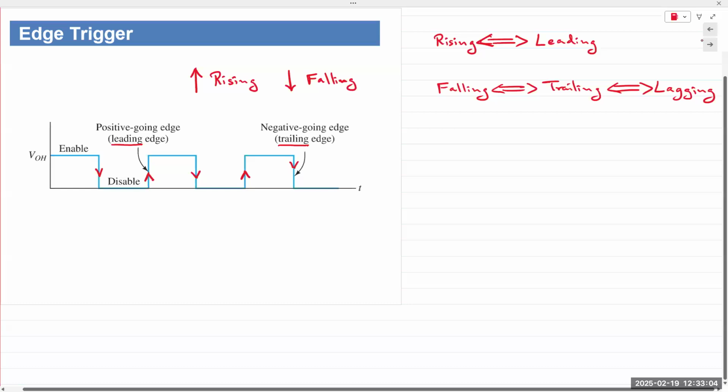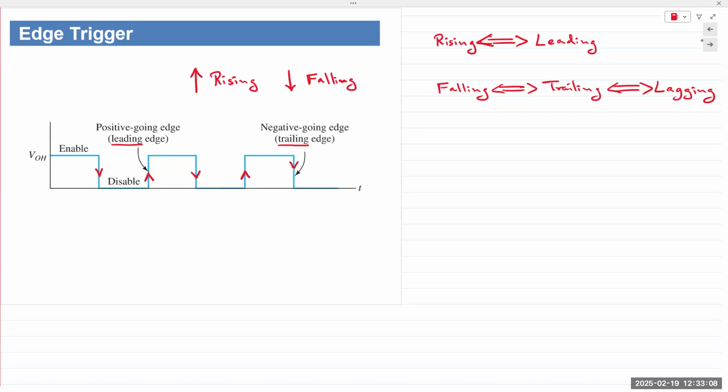The rising edge, falling edge, leading edge, lagging edge, trailing edge.